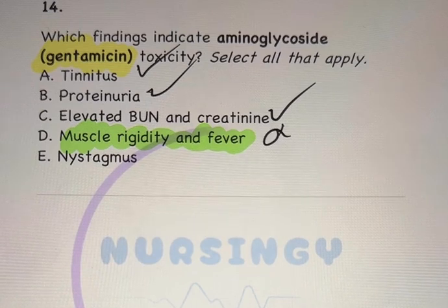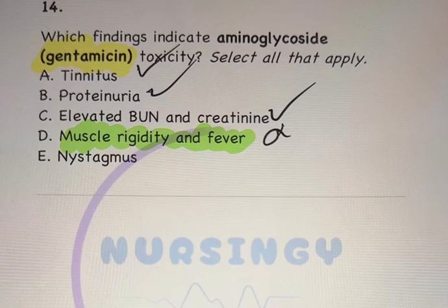Okay, good one. Nystagmus. What is nystagmus? We just did that eye issue. Yes, involuntary eye movement, rapid eye movement. Can we see that with gentamicin? Yes, definitely.